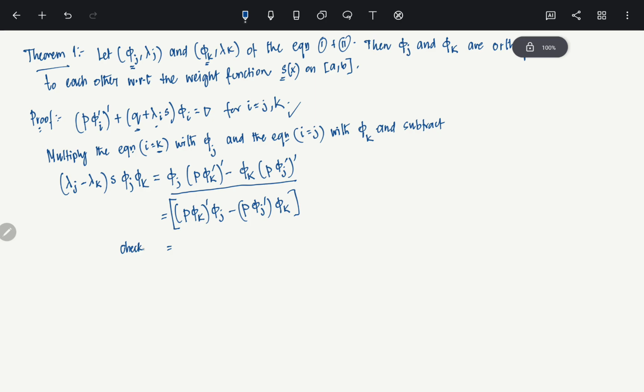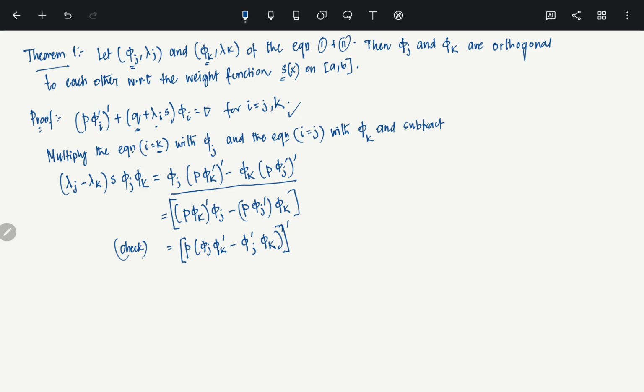Check this part, that this becomes p times (phi j phi k prime minus phi j prime phi k), and then the whole derivative of it.